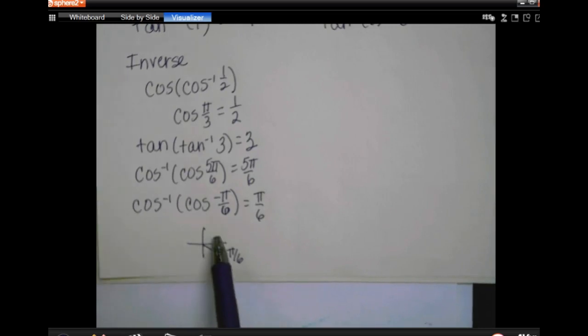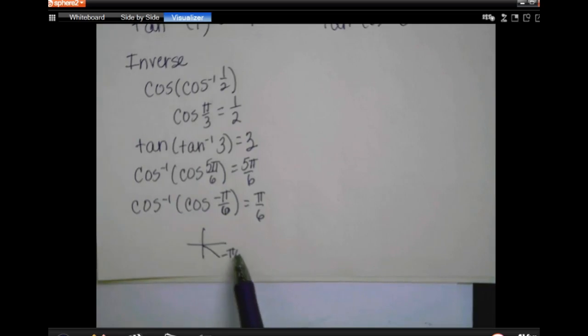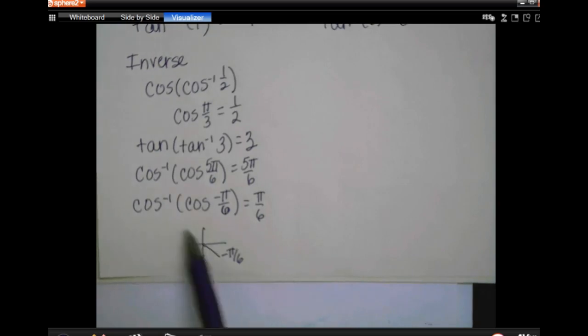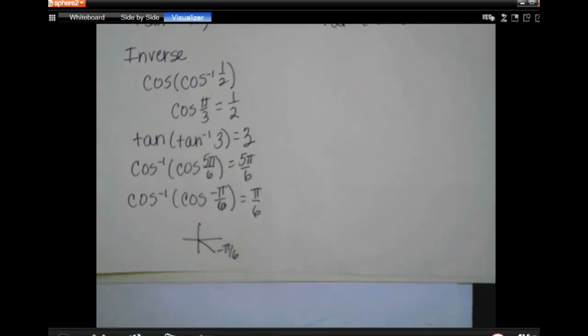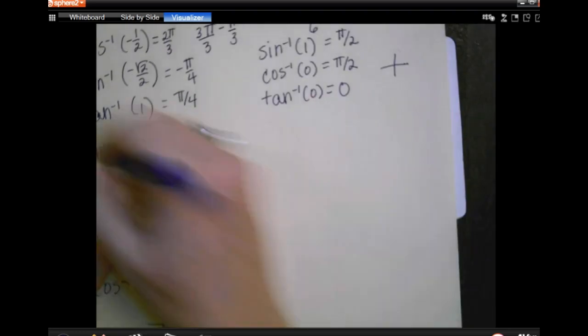So I know this reference angle of pi over 6 would be okay. So what if this was, let's say for instance, a negative pi over 6? I would have to use it over here, right? I'd have to find the angle over here to put it back in the restricted area with a negative x. Okay? All right. 2 more I want to show you and then we'll be done.